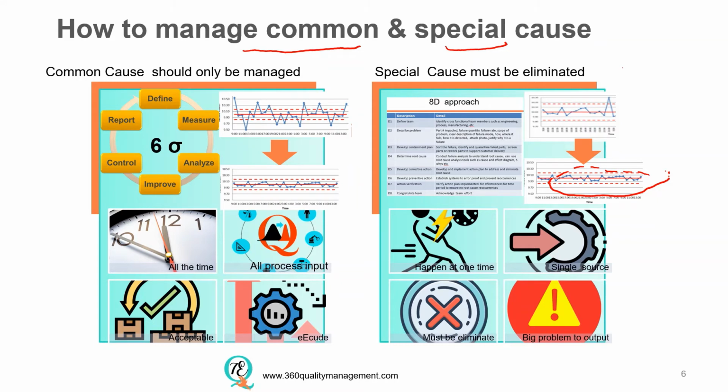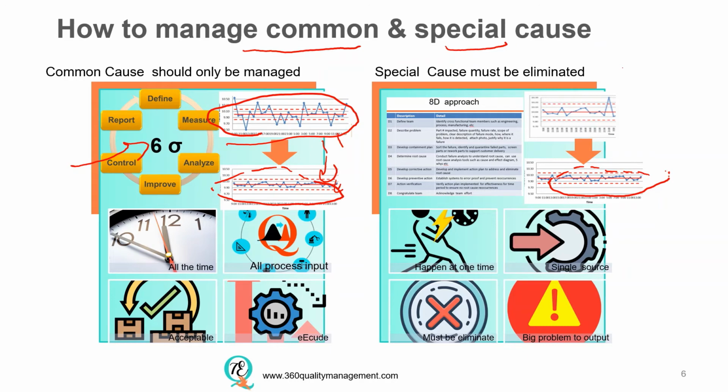We cannot eliminate common cause variations, and we can only control the variations to the smallest possible, from these variations to this variation here using a Six Sigma approach, especially if you are in a high volume type of environment. We can reduce the process input variations and achieve Six Sigma quality from here.